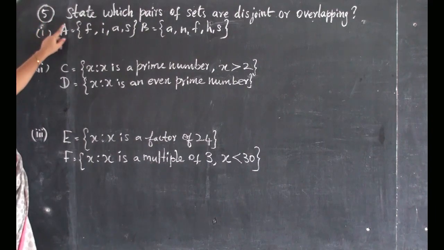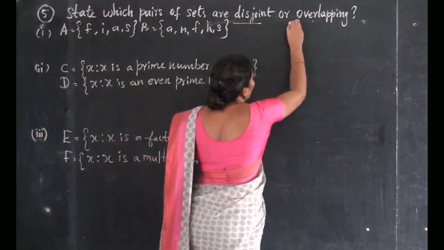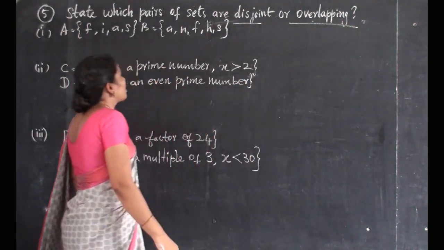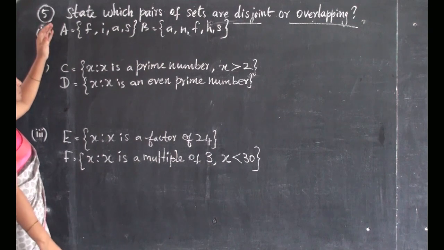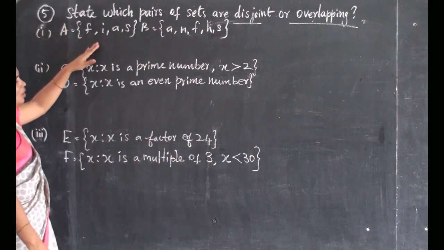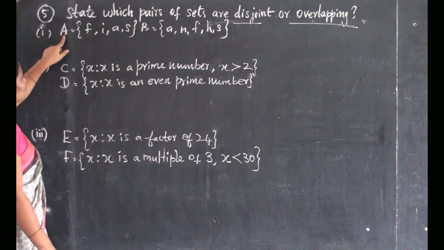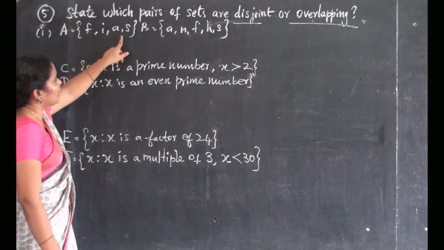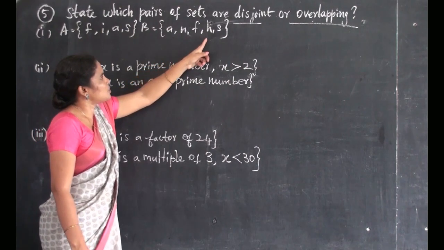Question number 5. State which pairs of sets are disjoint or overlapping sets. Disjoint, we already discussed. Any element which is present in A and B will not be in common, isn't it? So first question, A is equal to {F, I, A, S} and B is equal to {A, N, F, H, S}.